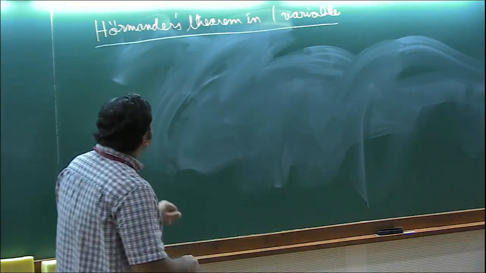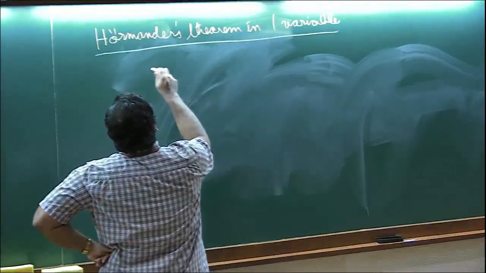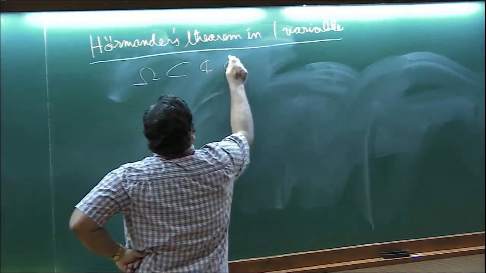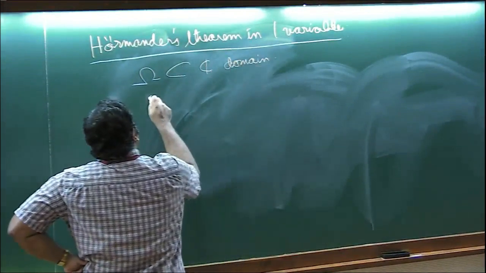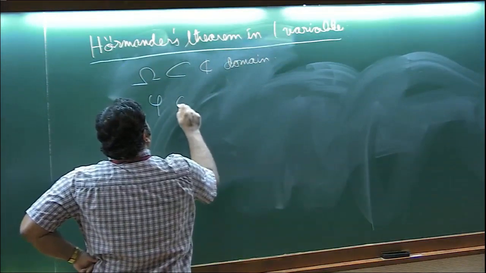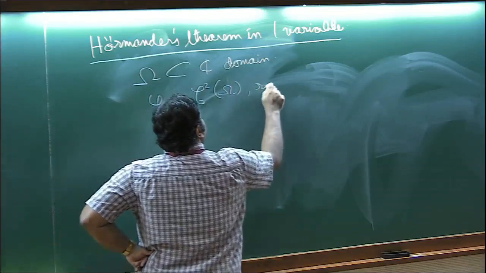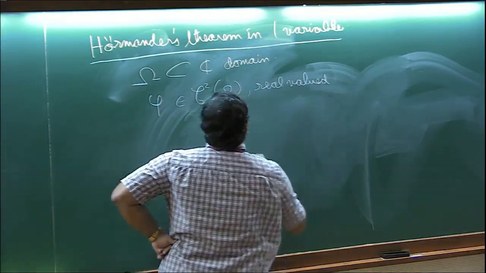Okay, what is this Hormander's theorem, which we want to study? So now again, we have omega, which is a domain in C. Phi is a real valued C2 function. And we have to make a very important assumption about phi.